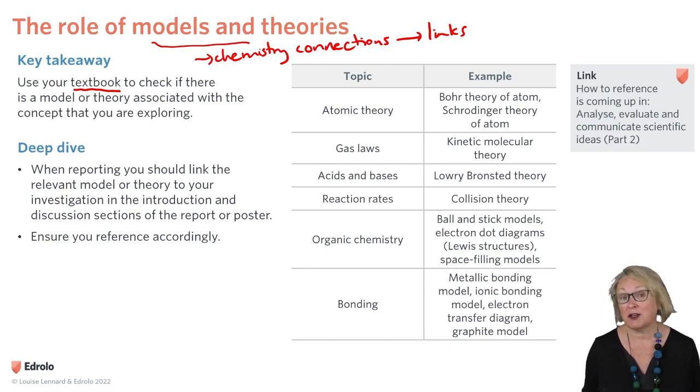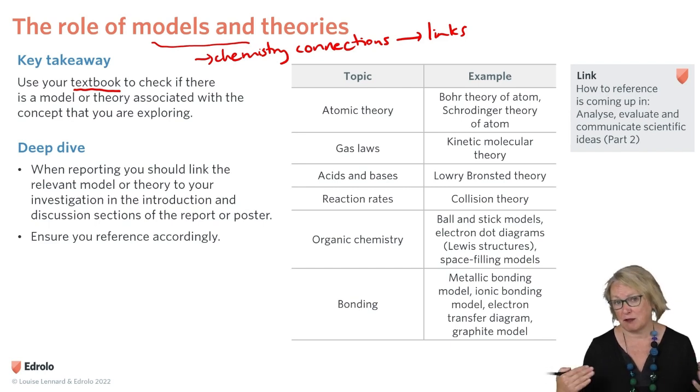Examples might be, if you're looking at atomic theory, the Bohr theory of the atom, or another theory of the atom, such as Schrödinger. For gas laws, you might be looking at kinetic molecular theory. For acids and bases, you might be looking at Lowry-Bronsted theory. For reaction rates, you might be looking at collision theory.